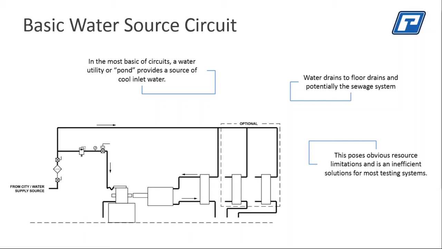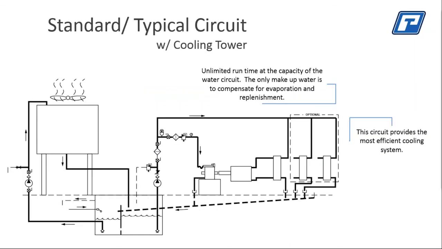Let's move on to what we call the standard or the typical water circuit. Now what you're seeing is this system is inclusive of a cooling tower. Here is that reservoir below grade. I remember someone had a question before about the water storage, and we're going to walk through that circuit in a second, so I'll get back to that. But in essence, we've got the hot water side, the cold water side.